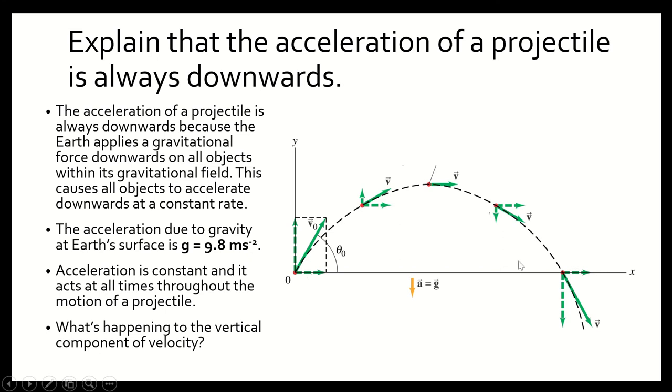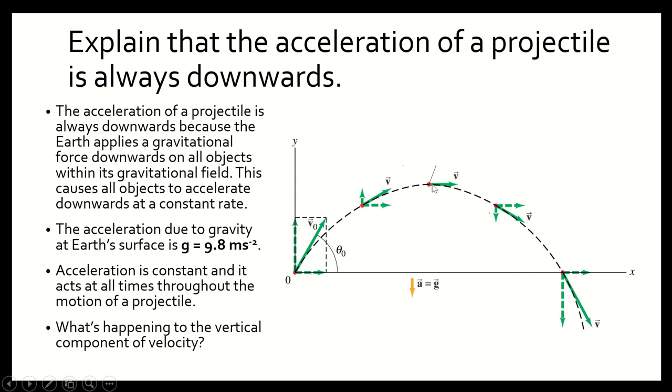Now, if you look at this diagram, what's happening to the vertical components of velocity? Well, initially we have a large vertical component, but because acceleration due to gravity is acting downwards, it's reducing the vertical component of velocity. So large, it's getting smaller, and at the top of its flight, its vertical component of velocity is actually 0.